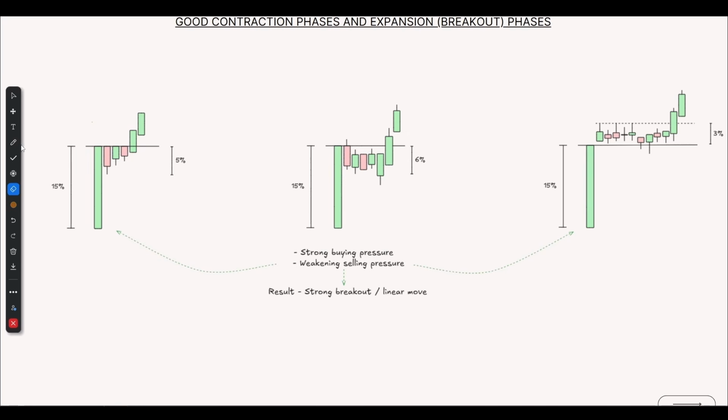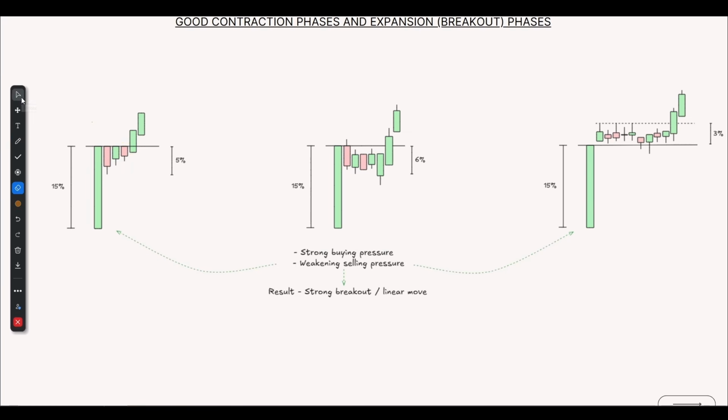Even after such a big demand candle, the demand is not slowing down, rather it is increasing after each candle, where the lows are being protected and the range is getting tighter, which tells us that the demand is increasing. And if the demand pressure gets the upper hand even with the slightest margin over the sellers, it will result in a good breakout and possibly a good follow through.